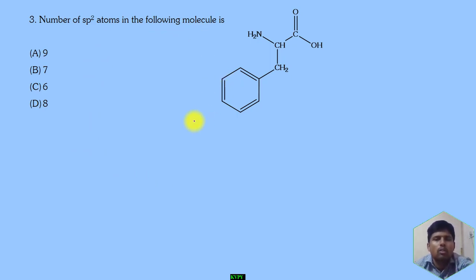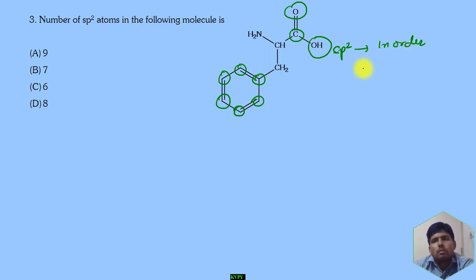So let us mark now all the sp2 atoms. So all the carbon atoms of benzene are sp2. 1, 2, 3, 4, 5, 6. Then there is this carbon 7. This oxygen, which is also sp2, 8. Even this oxygen is actually sp2 in order to participate in resonance.